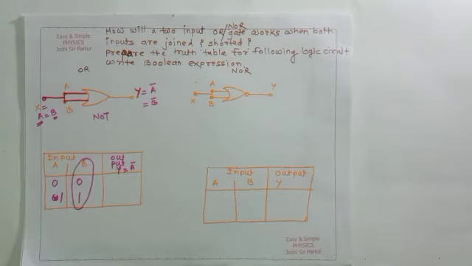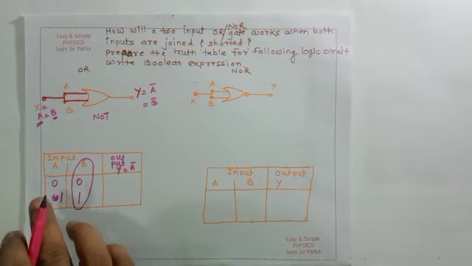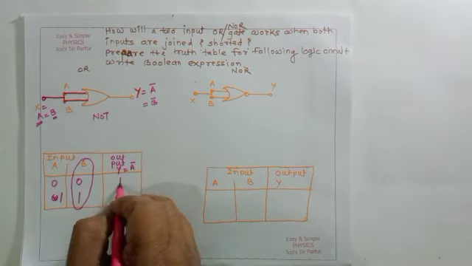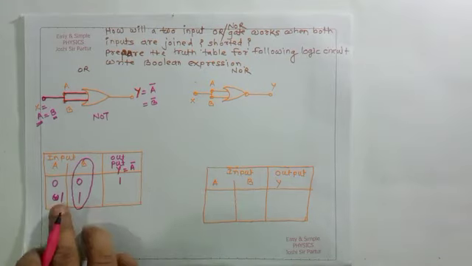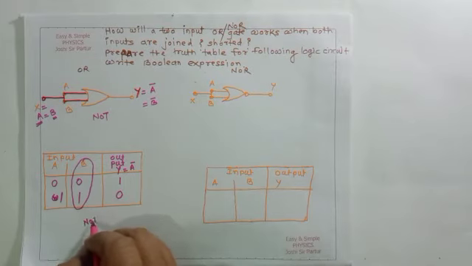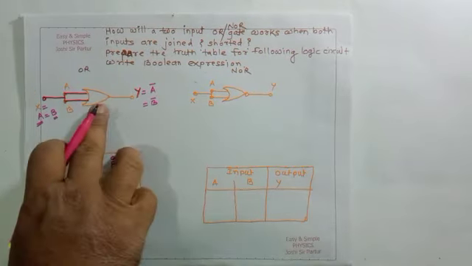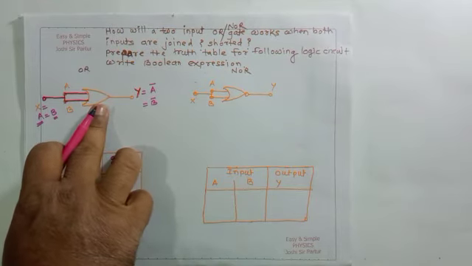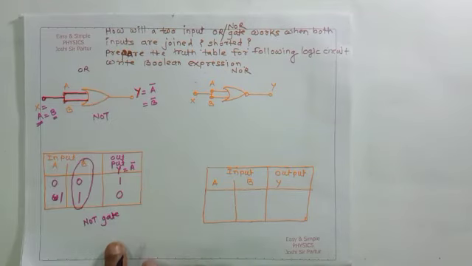Means two possibilities are there. When input is low, output becomes high. When input is high, output becomes low. So that represents the NOT gate. Means an OR gate whose inputs are shorted represents a NOT gate.